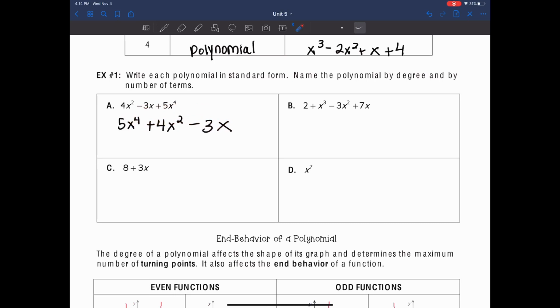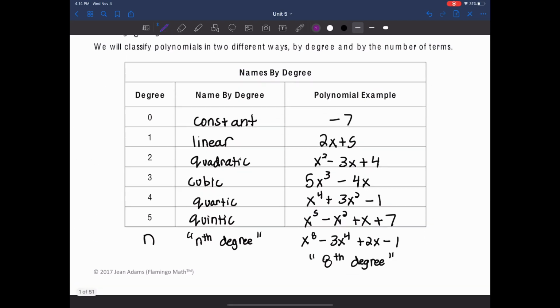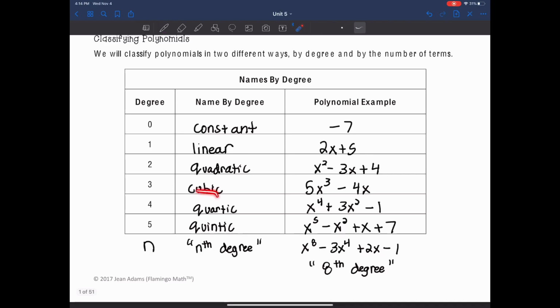Okay, so now I'm going to classify this by number of terms and the degree. Well, I notice that my degree here is 4. Okay, that's the highest exponent in my function. So I'm going to label that. Hey, that's my degree. And so we know that a fourth degree, if we look at the previous page, is referred to as a quartic.